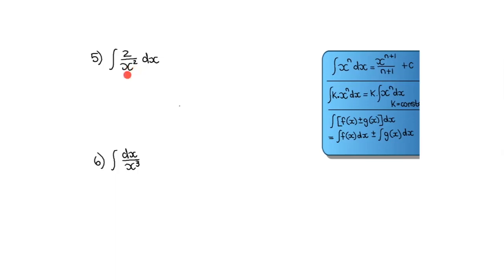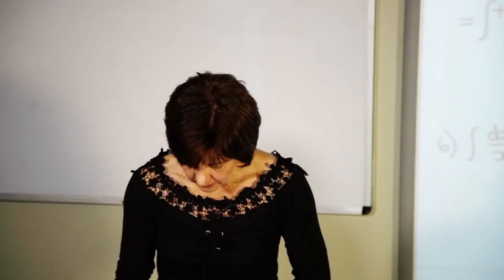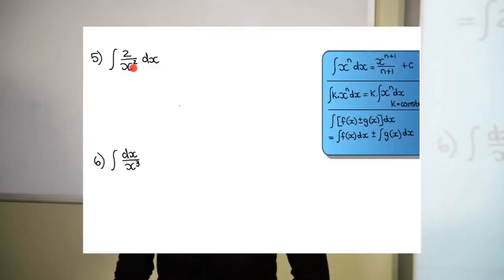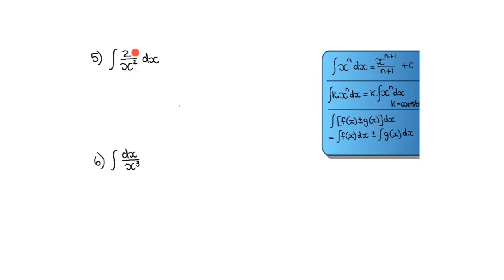Which means before I can integrate, the 2 will stay. I have to take this x to the power 2 upwards, and it will become x to the power negative 2, dx. Now I'm ready to integrate. So it's going to be the 2, which I can write down. I can integrate this x to the power negative 2 using the first rule of integration.